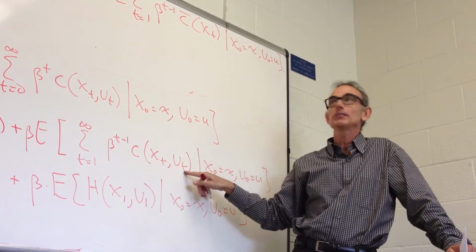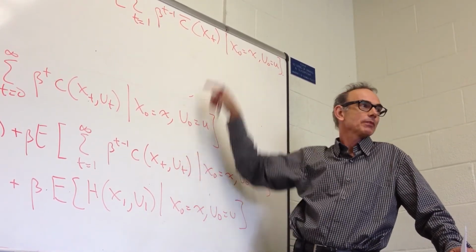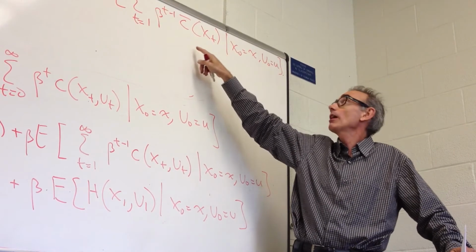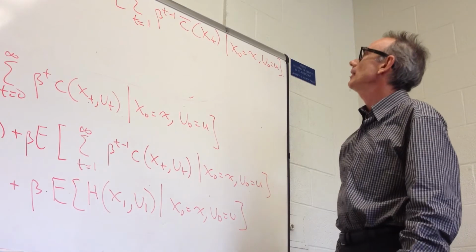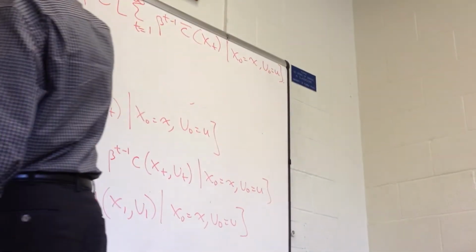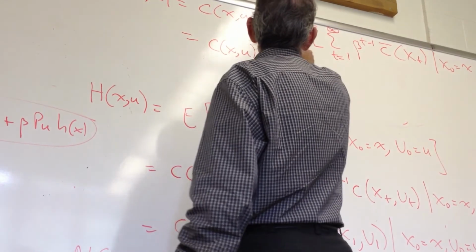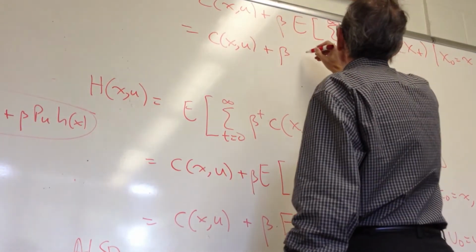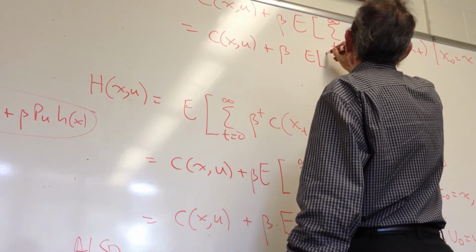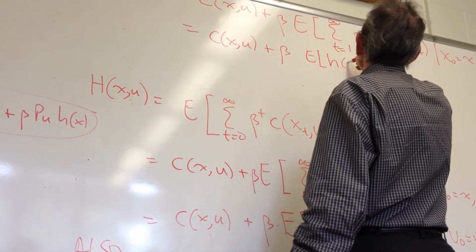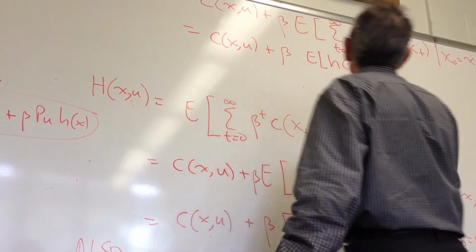The expectation of this is the same as that. That's how I define C bar, the expectation of that. And what you get from that is that this is equal to C of X,U plus beta times the expectation of H of X1.